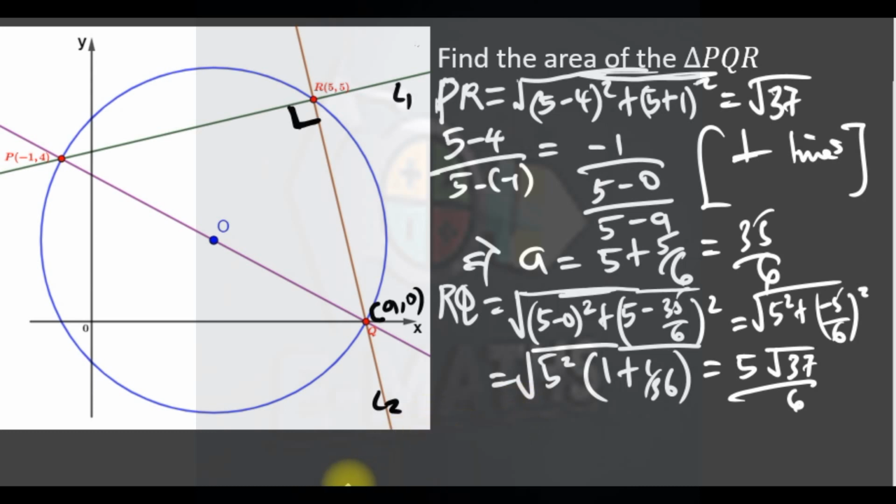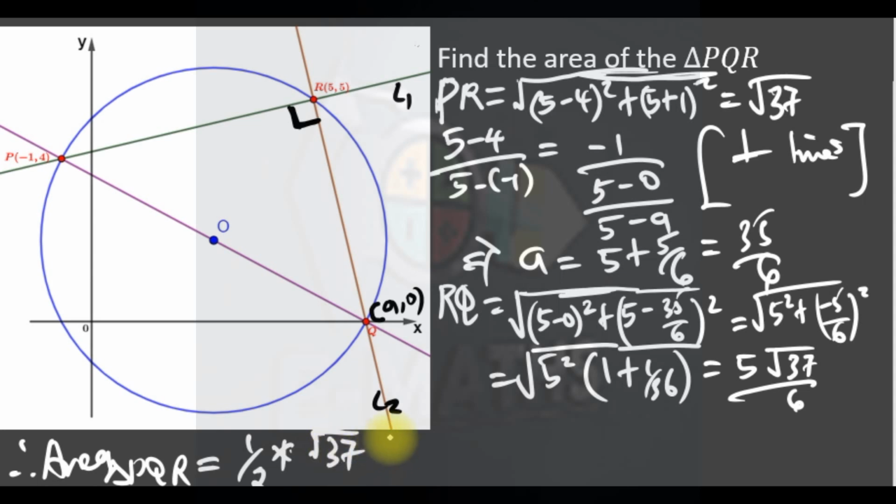Therefore, the area we are looking for, triangle PQR, is equal to half times the base, where the base is PR, which is root 37, times the height 5 root 37 over 6.